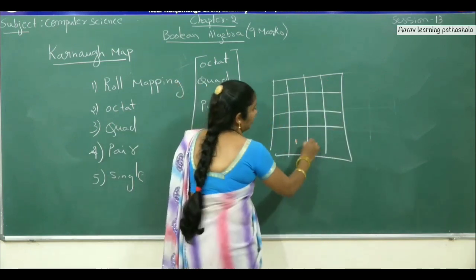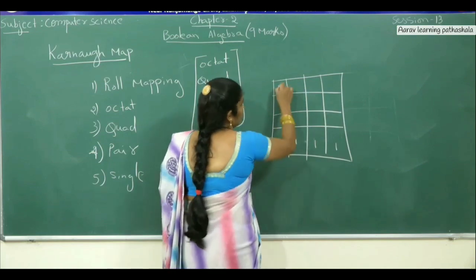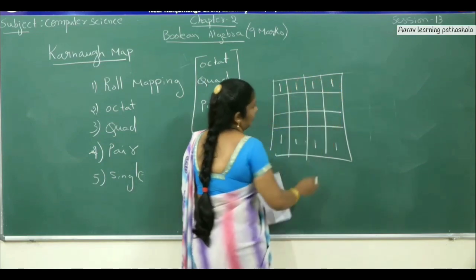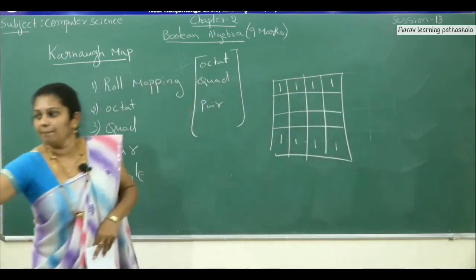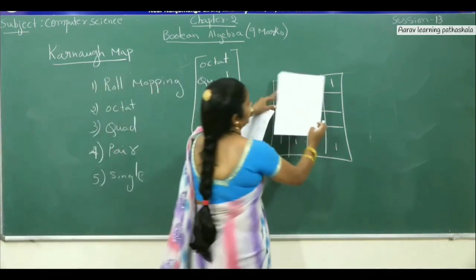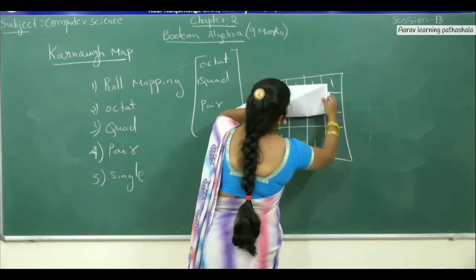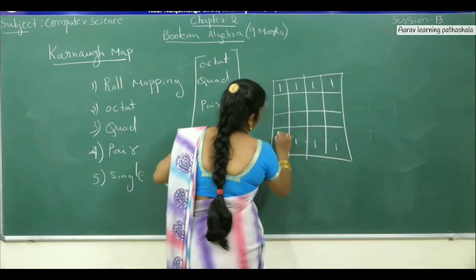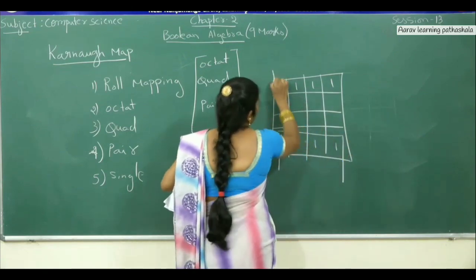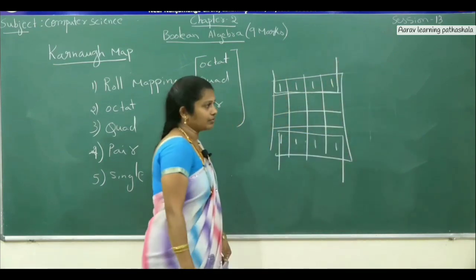Consider here we have 1, 1, 1. Here also 1, 1, 1, 1. When you combine these, the border has to be combined. This is your roll map.